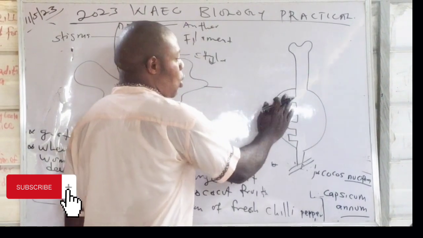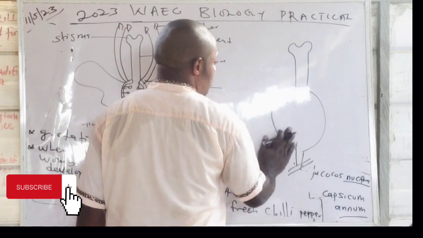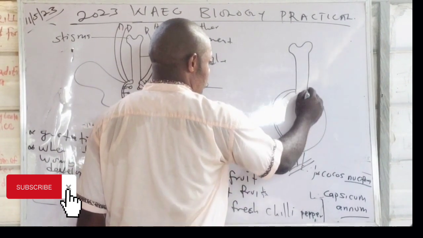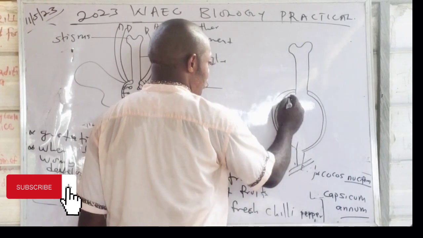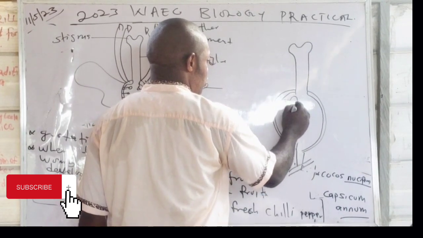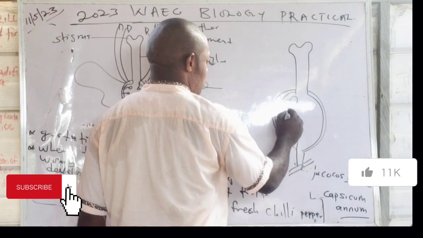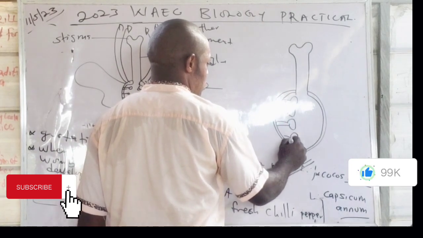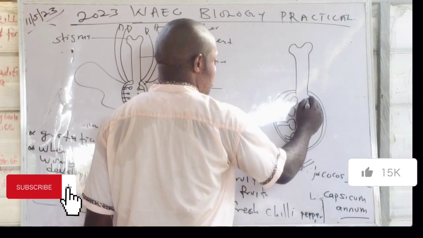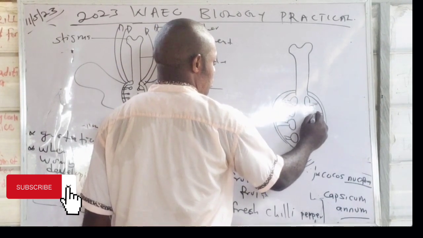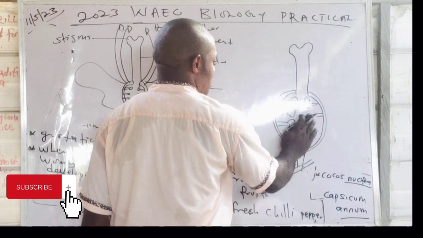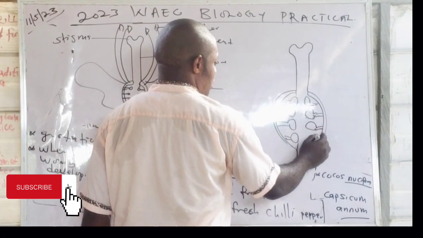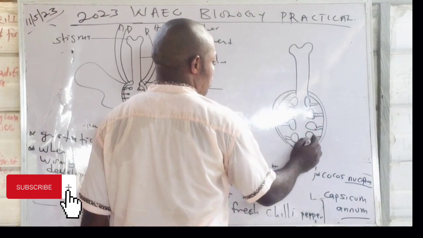To show the ovary, draw a double line, then just make sure it has a follicle. Then this side too. Are we together? You can see now.